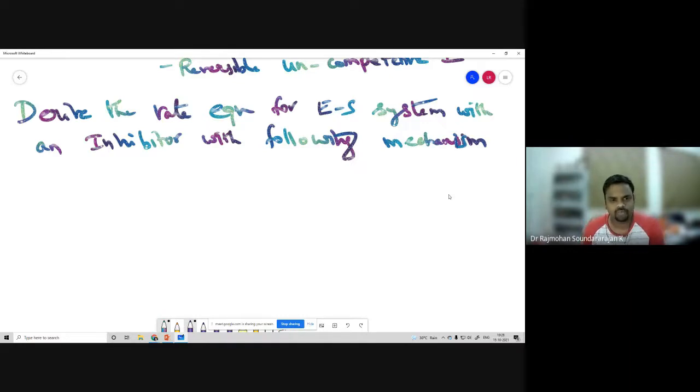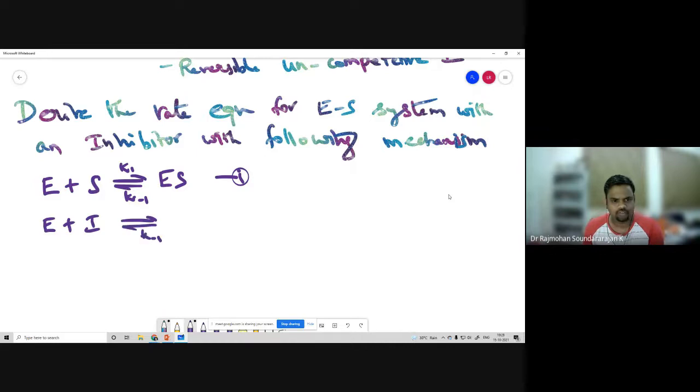The mechanism is given: E plus S giving ES with rate constants K1 and K minus 1, let it be the first step. Then E plus I forms EI, with Ki and K minus i as the rate constants.